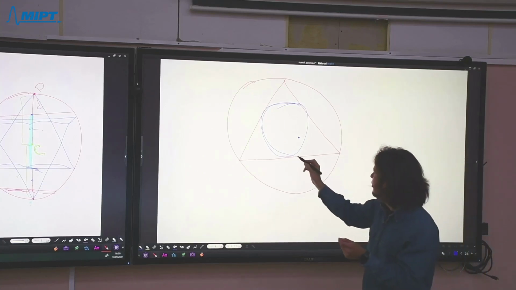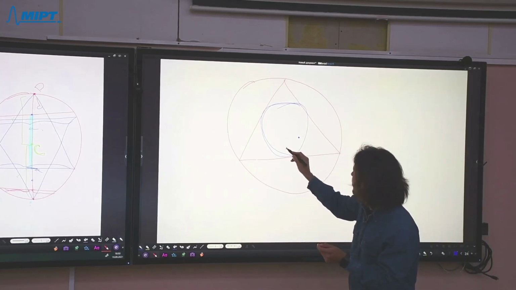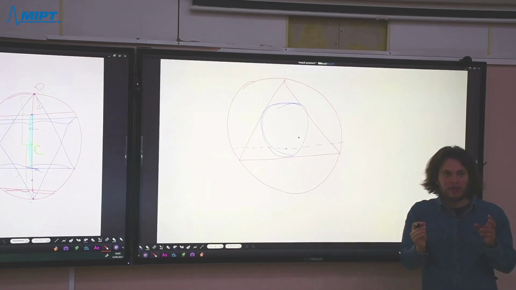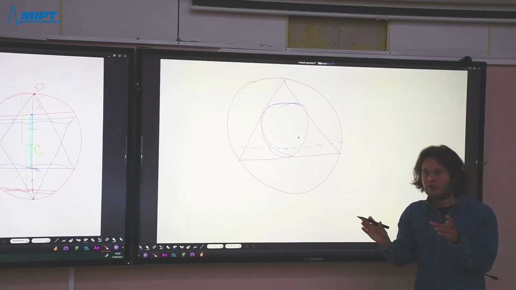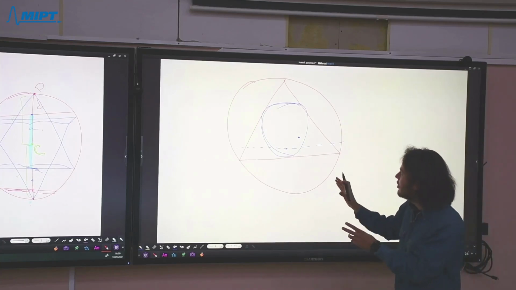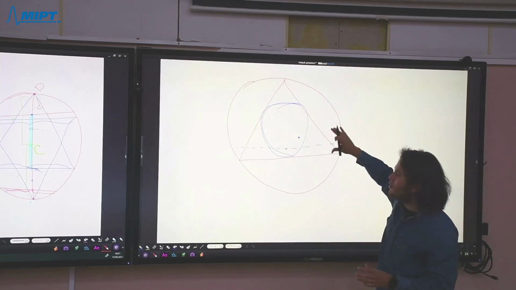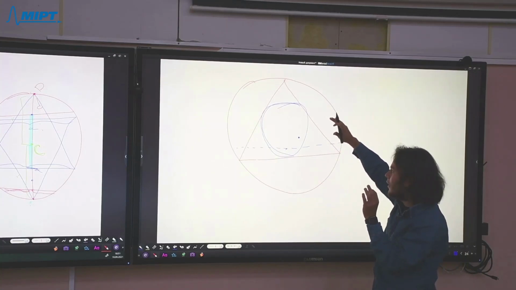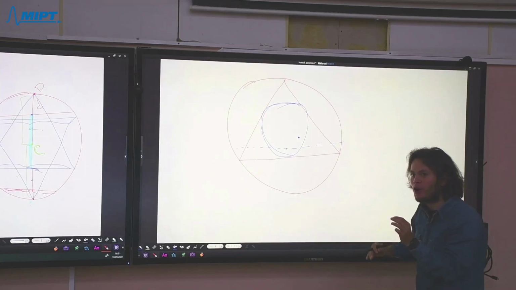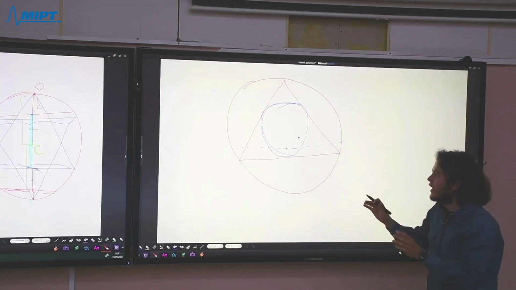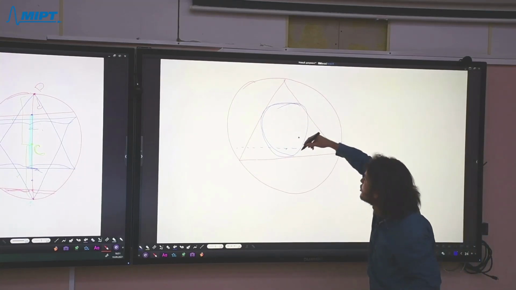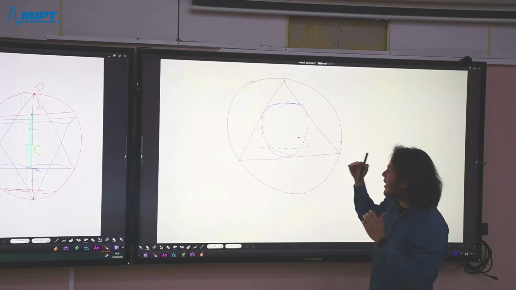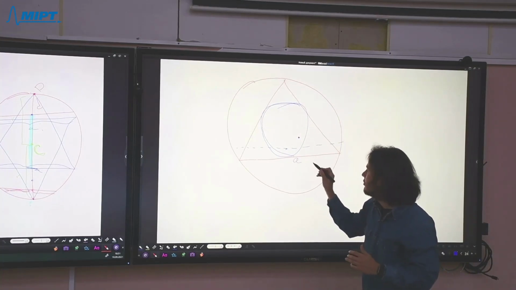Because if we are here, for example, then this is going to be the chord, and this is going to be half of the chord. So every time we pick randomly a point inside the big circle, and if this point is inside the blue circle, then the length of the chord is going to be greater than A. This is A, right?